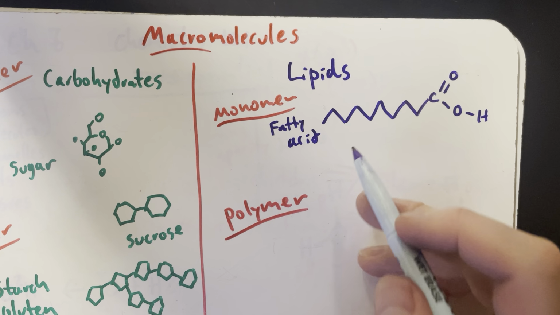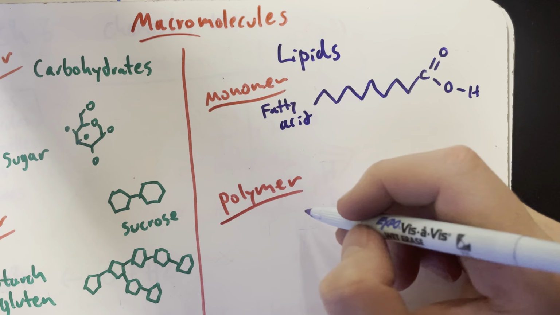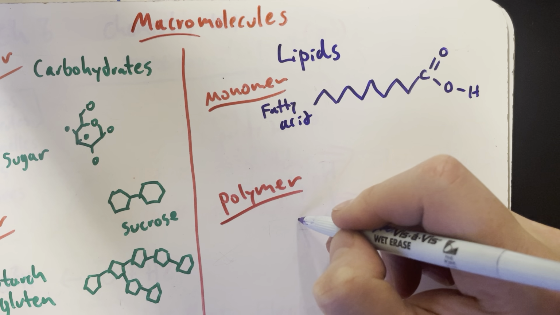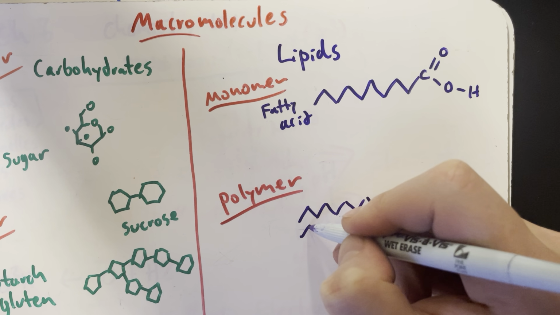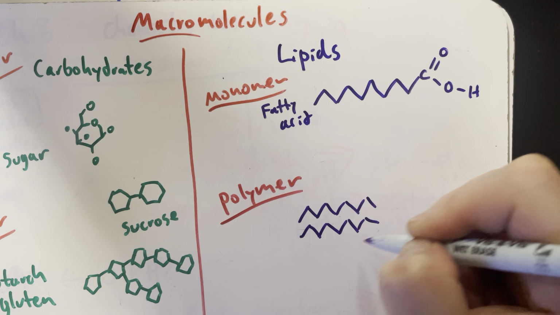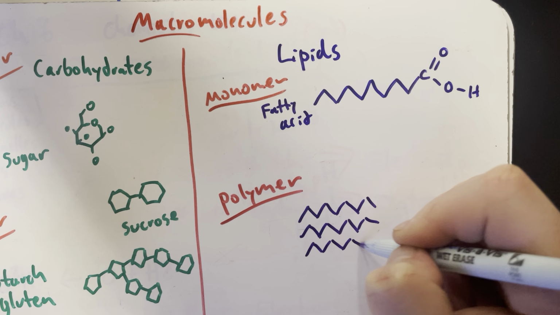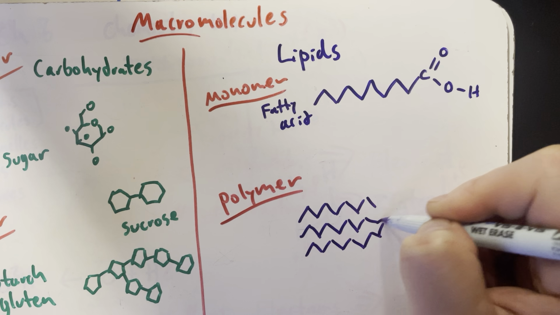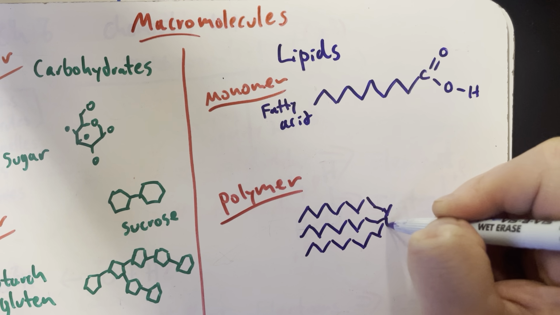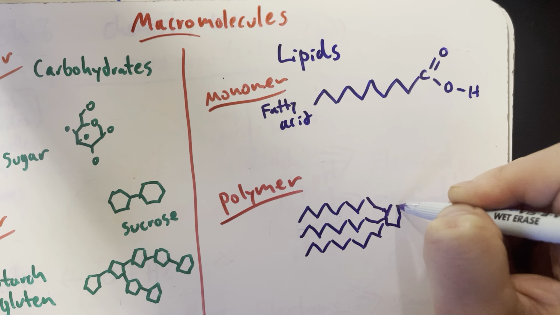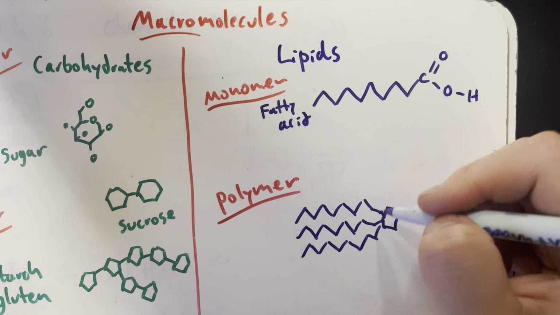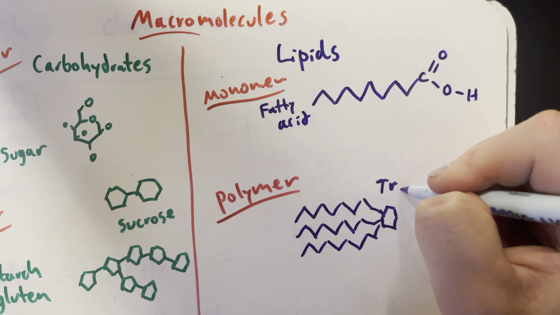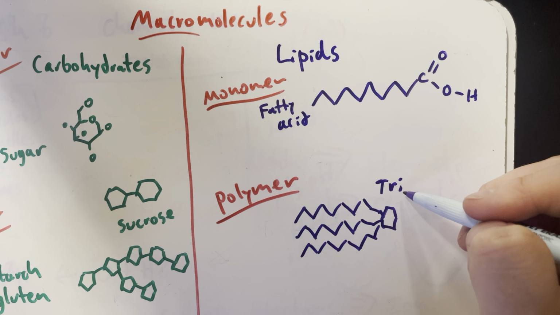The most common version polymer in your body, if it wants to send fat around, is called a triglyceride. You have these chains of different lengths. They actually form onto this like sugar molecule type thing. But what does tri mean? 3.